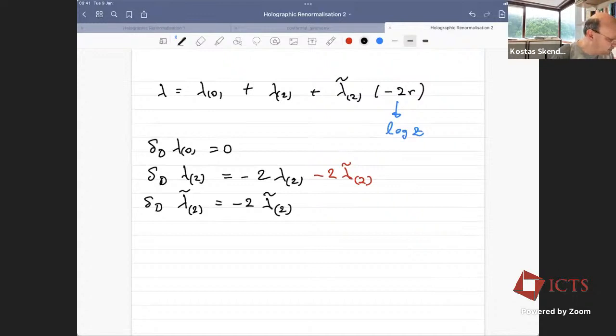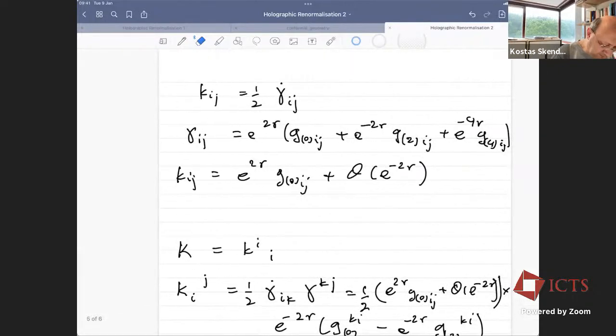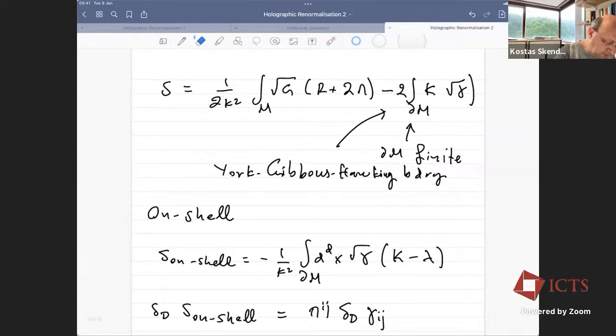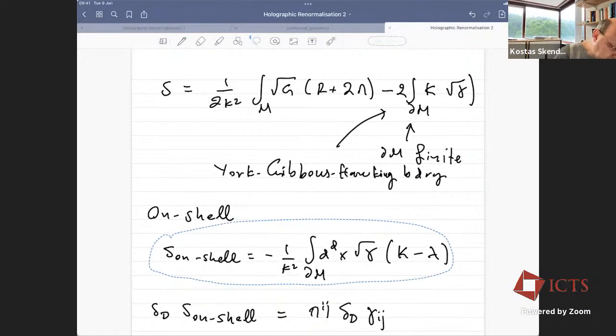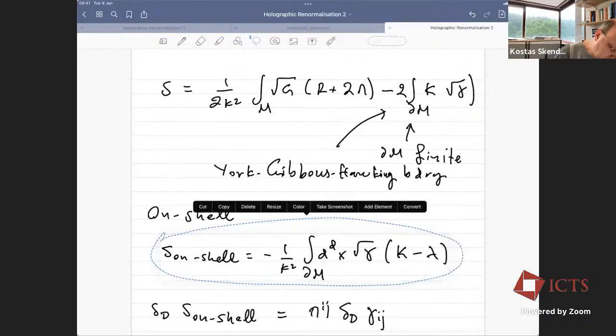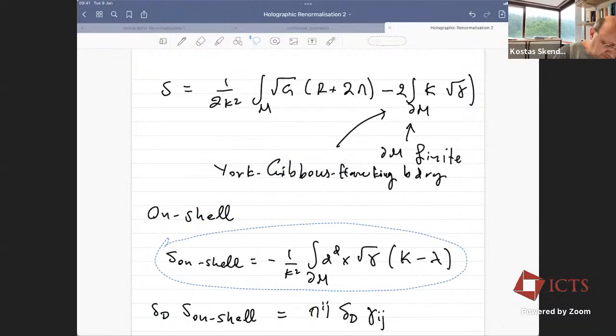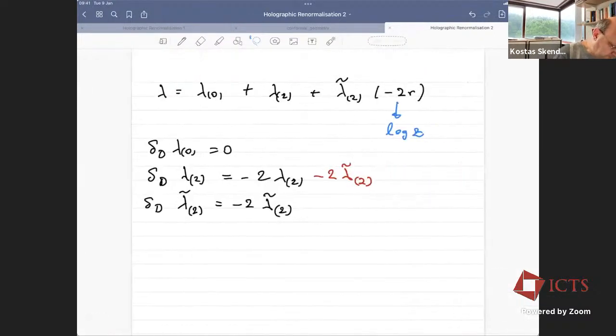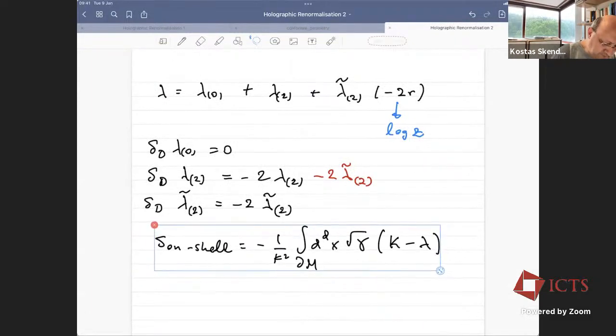Now we have all the pieces we need to work out the variation of the on-shell action. Let's copy the formula here.